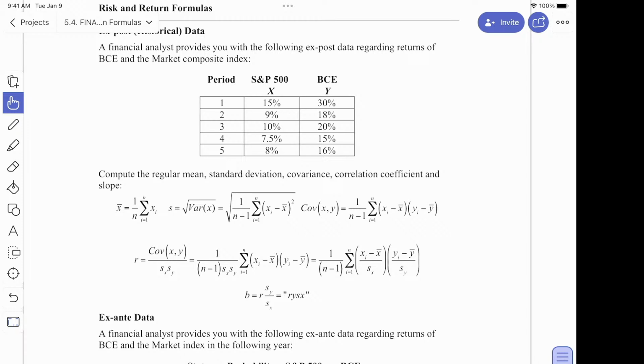One is a measure of the performance of the stock market, which reflects the state of the economy. And the other one, the Y, BCE, are the returns to a firm. I wanted to discuss today how those things are calculated. But I'm going to leave you to do the statistics review. I'm going to talk about this data.